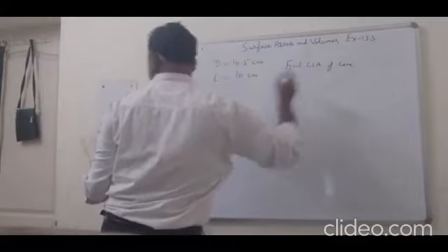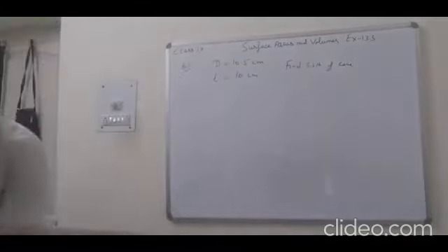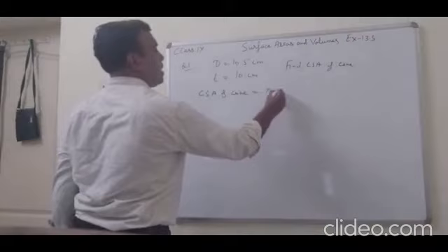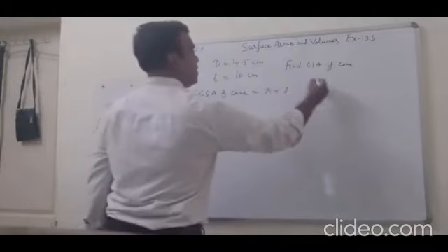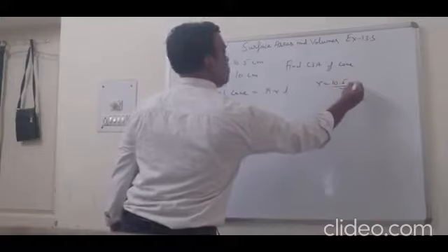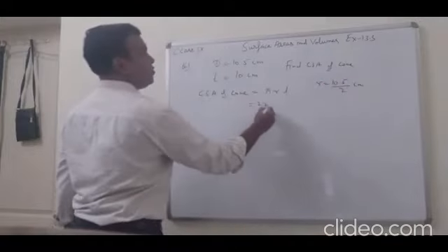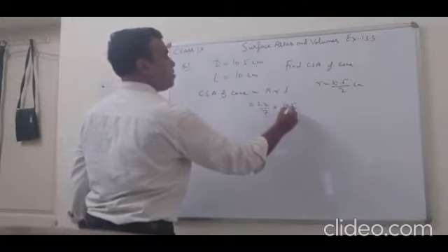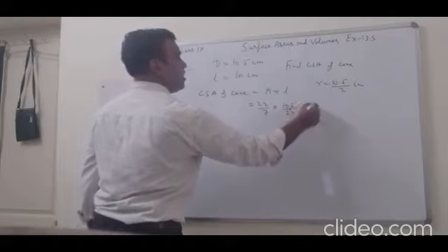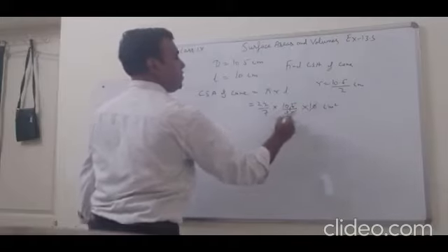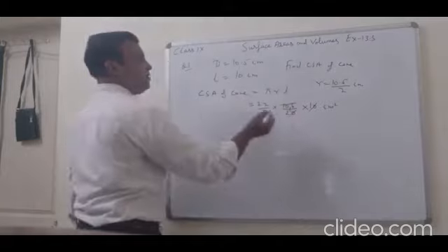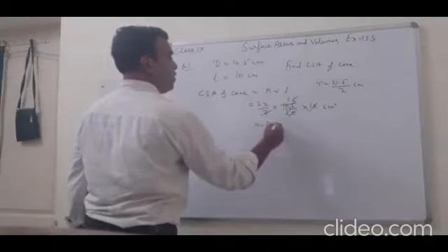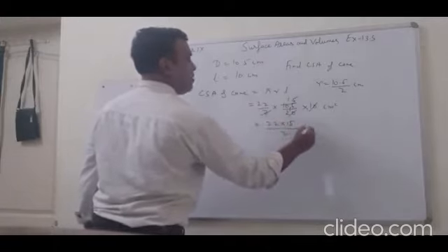Now see here, curved surface area of cone is equal to pi r L. Now what is r here? 10.5 upon 2 centimeter. Now pi is 22 upon 7 into r, 10.5 upon 2, the point goes away so it becomes 105 upon 20, into 10 centimeter square. The zeros will cancel. 7 ones are 7 and 7 fives are 35. So 22 into 15 upon 2 centimeter square.